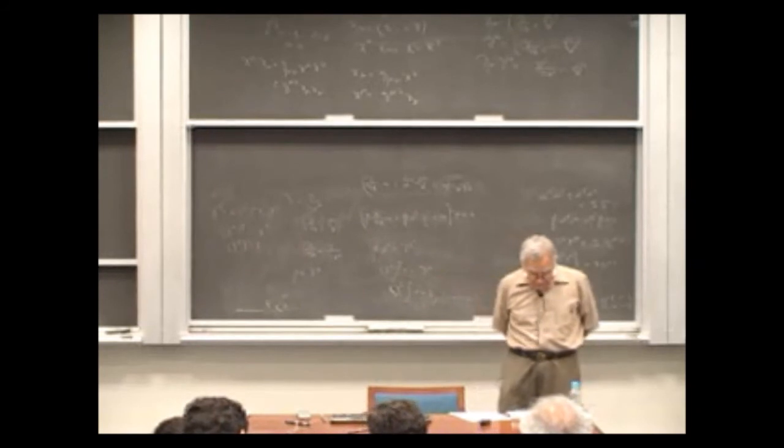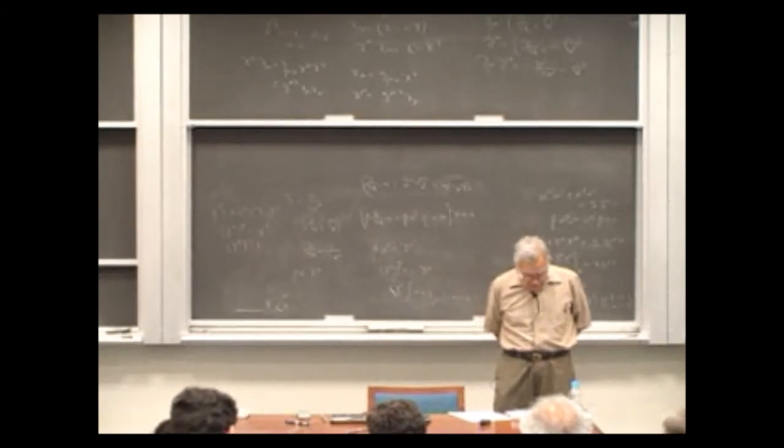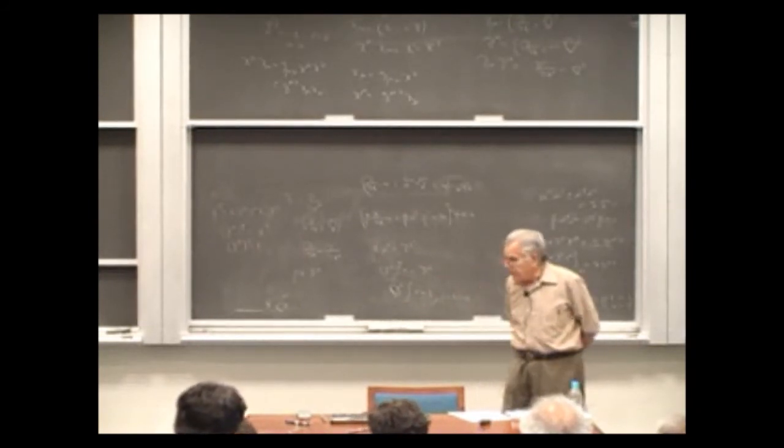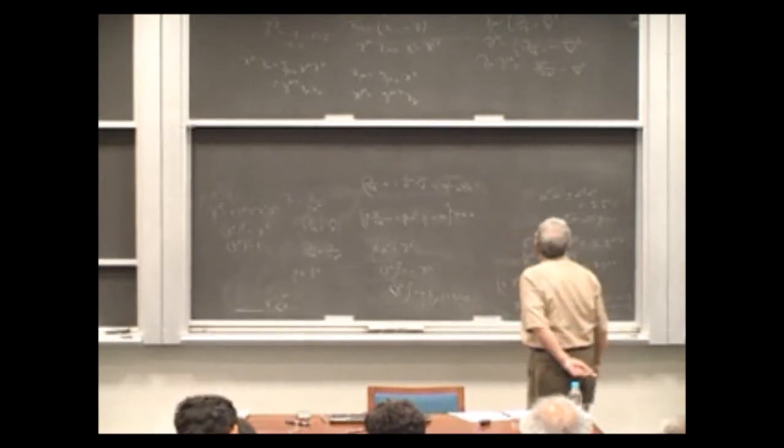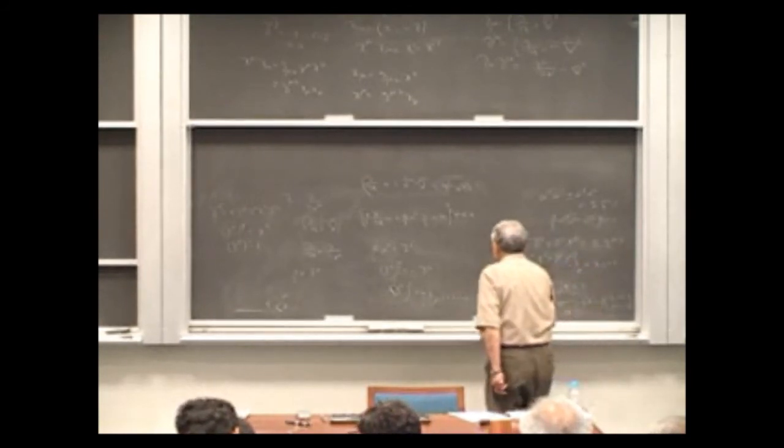Now, out of these gamma matrices, we can form actually 16 independent components. So let me do that now.